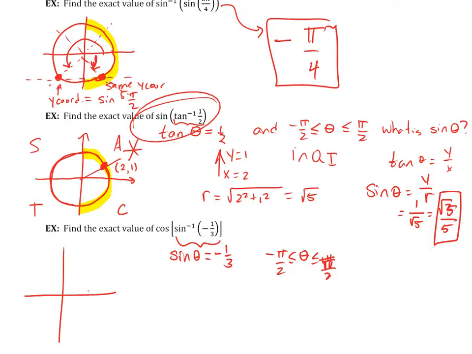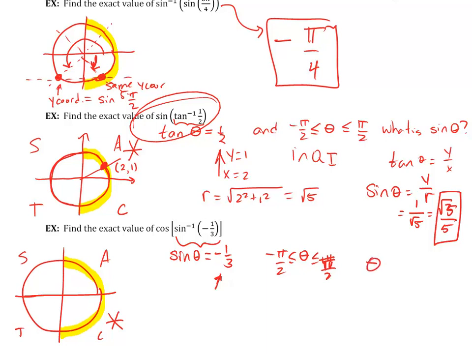And we know that for a circle, we are in the right half plane. And since sine is negative, remember all students take calculus, sine is negative in the bottom half, which means I have to be over here in quadrant 4.